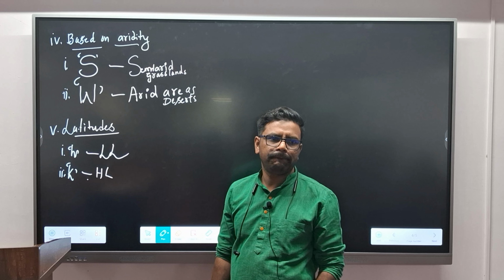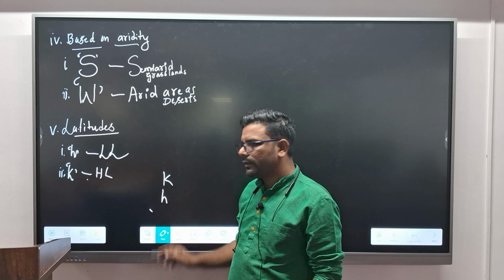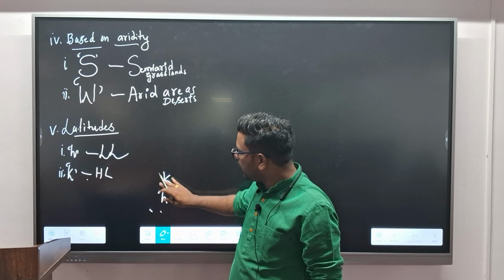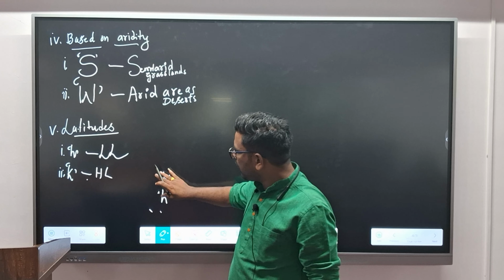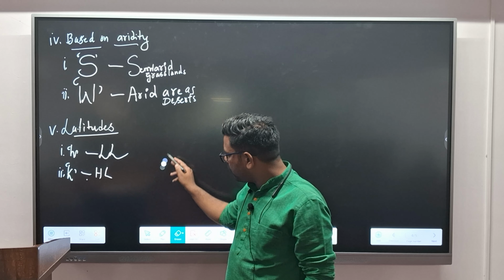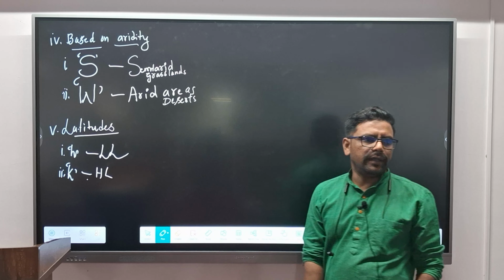Getting it, right? After h, then k. Okay, h means lower latitude and k means higher latitude. Clear, right?